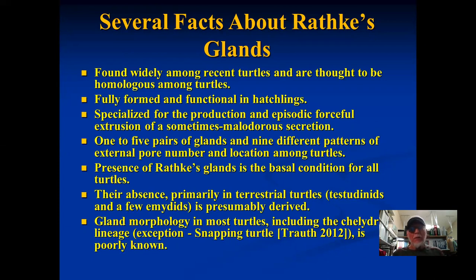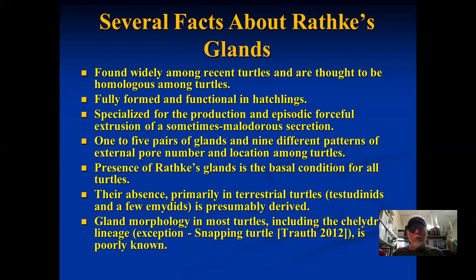Their presence, primarily in terrestrial turtles, is presumably derived from the ancient or fossil turtles. In fact, you can see a pore in the shell of fossil turtles where the gland external pore is found.